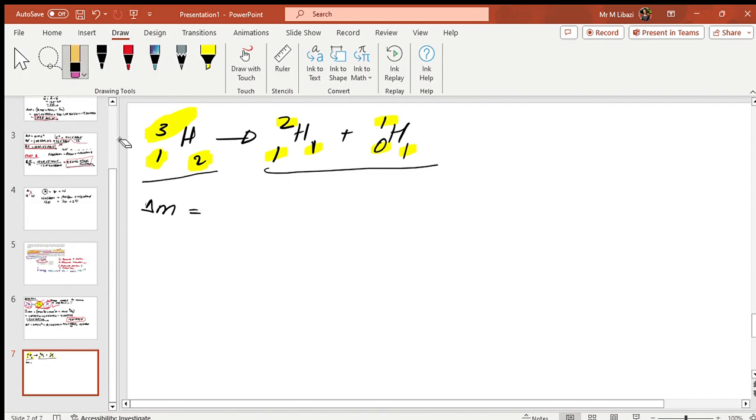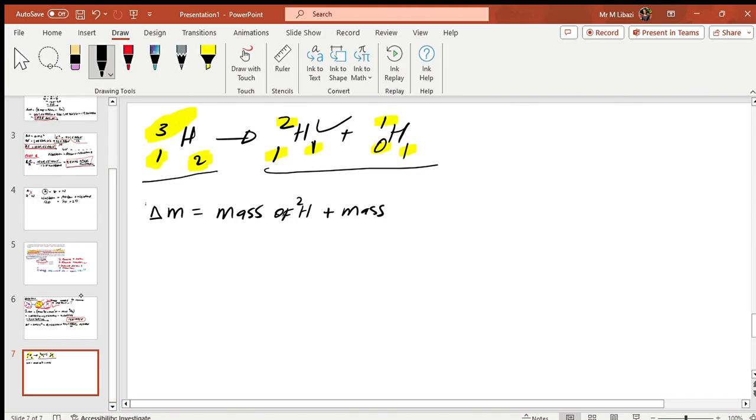So we have a mass defect, which will be the mass of H2, right, which is this one, plus the mass of n.